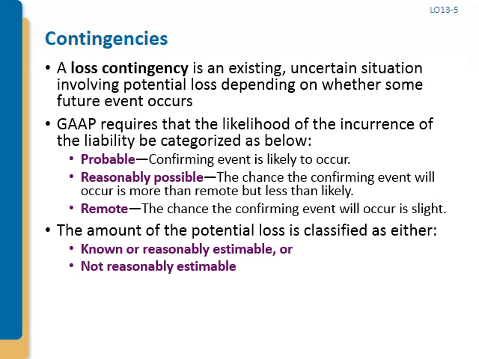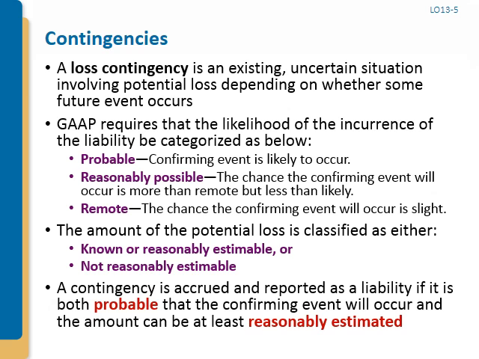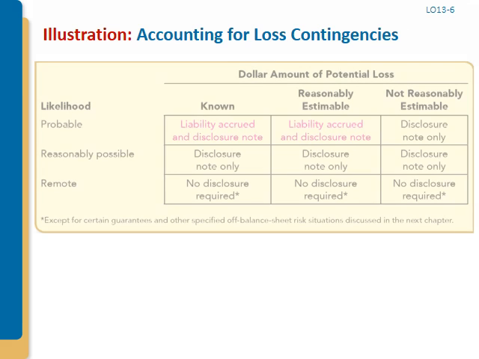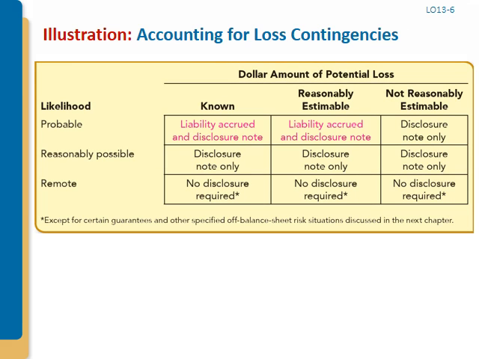Also, the amount of the potential loss is either known, reasonably estimable, or not reasonably estimable. This exhibit highlights the appropriate accounting treatment for each possible combination of A, the likelihood of obligations being confirmed, and B, the determinability of the dollar amount.